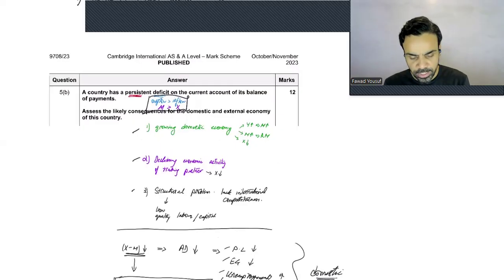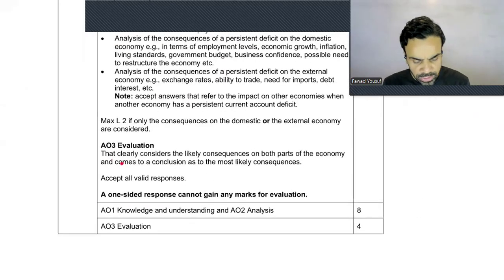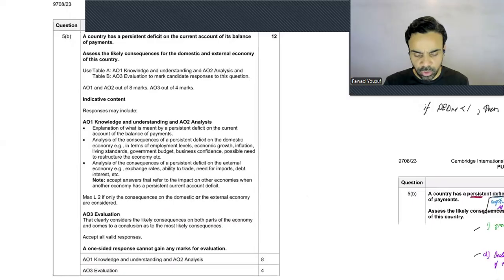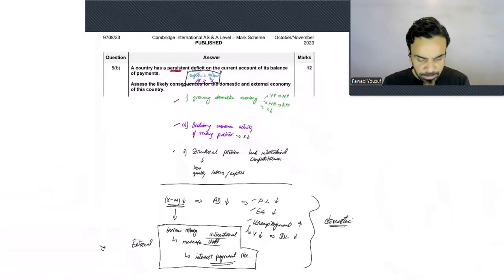I think it's open-ended, so you can go for that discussion. Because यहाँ marking scheme में तो all they're saying is that clearly considers the likely consequence of both parts of the economy and comes to the conclusion as to the most likely consequences. तो ये तो हमने जो बात की है, these are the likely consequences of this whole thing, right?